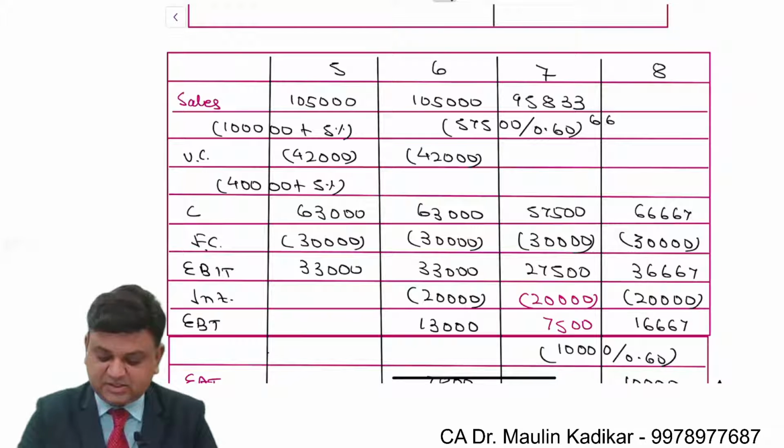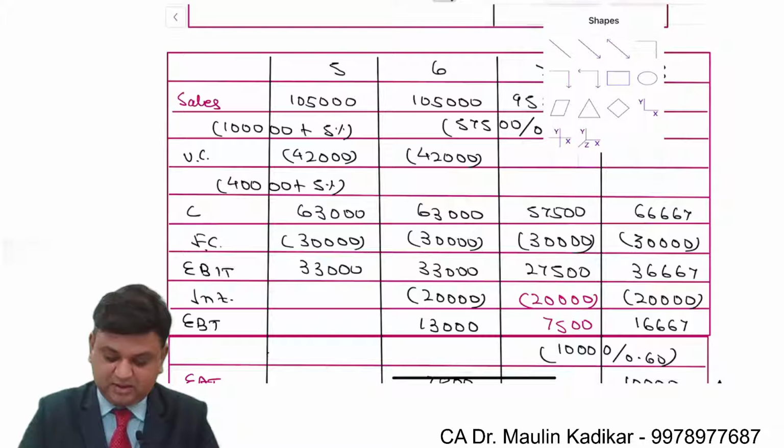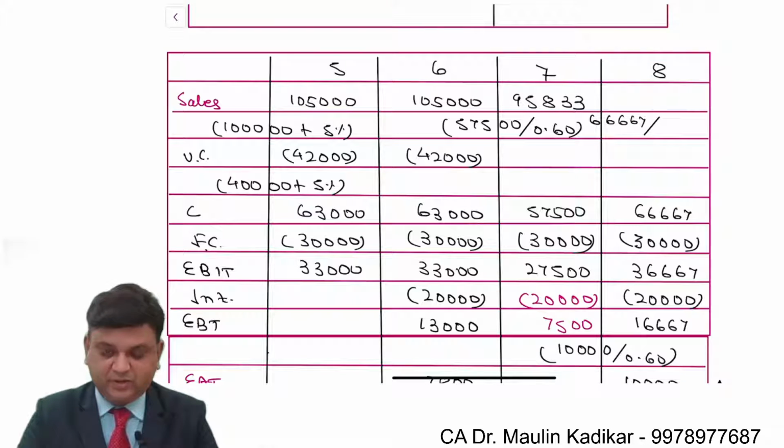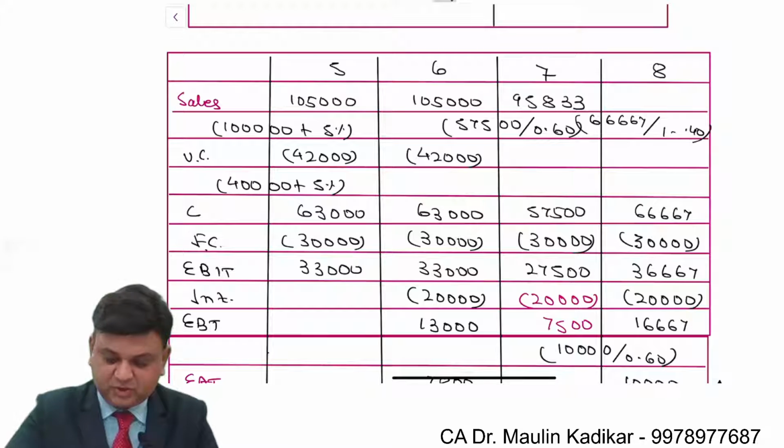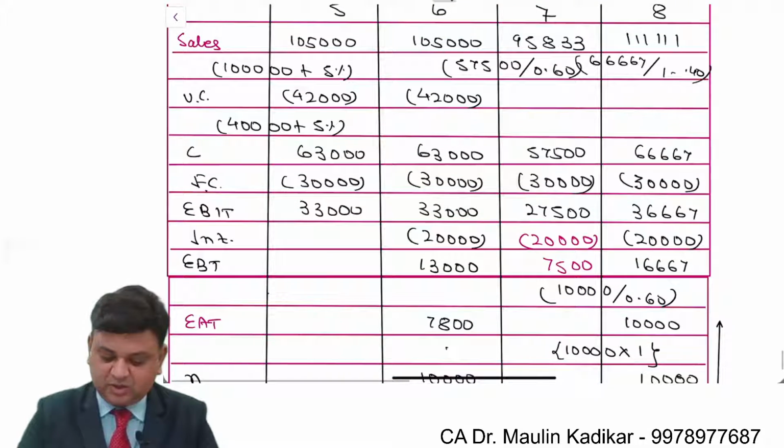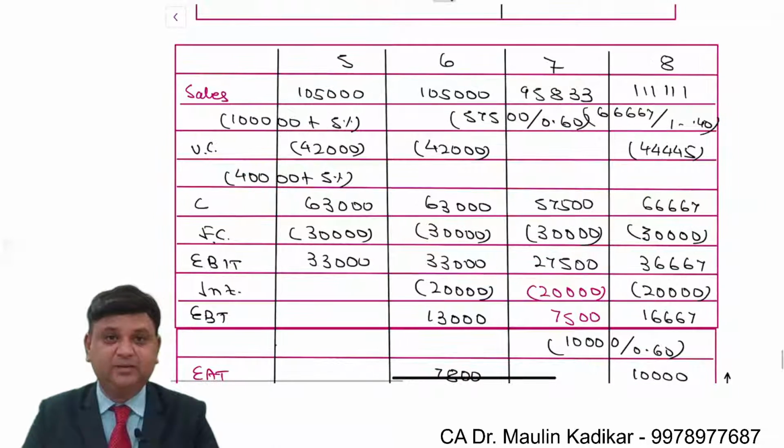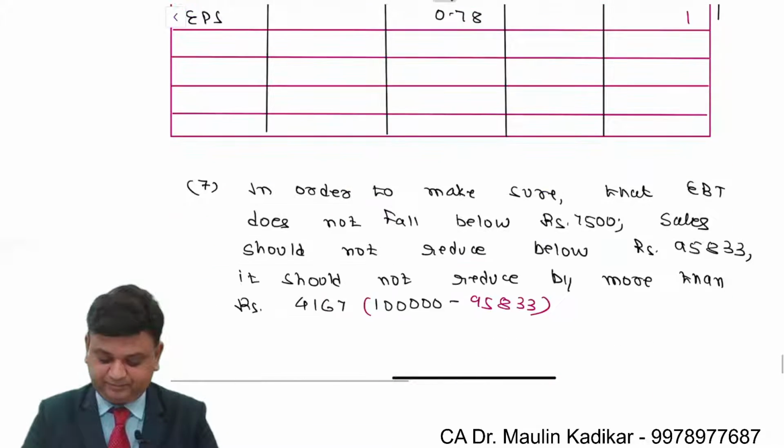Sales is 66,667 divided by 1 minus 0.4, so divided by 0.6. That is 1,11,111. Variable cost 44,445. This is the way we make the computation of the sales.